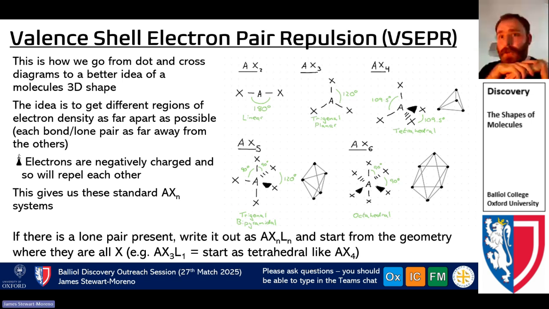So if you start to deviate that angle ever so slightly, start to move that X position out of the plane, it's actually decreasing the angle between those different atoms. I'm trying to think if there's an easy way that I could show you.